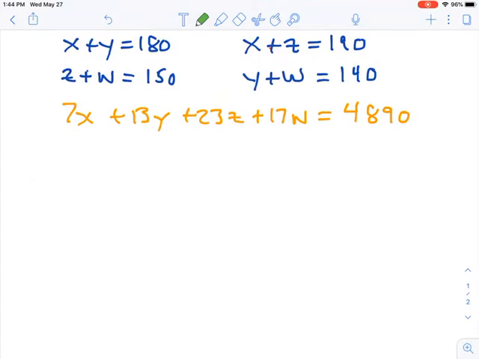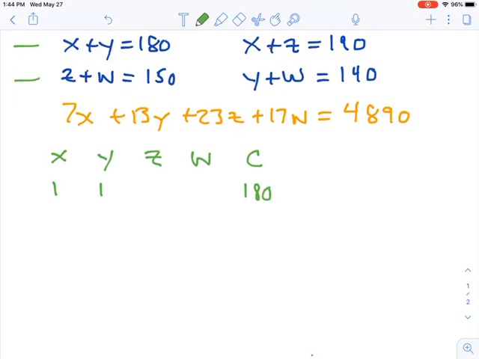We're going to have an X column, a Y column, a Z column, and a W column, and then the constant column in our matrix. So let's start with the first equation. X plus Y equals 180. Well, that's 1x plus 1y is equal to the constant 180.